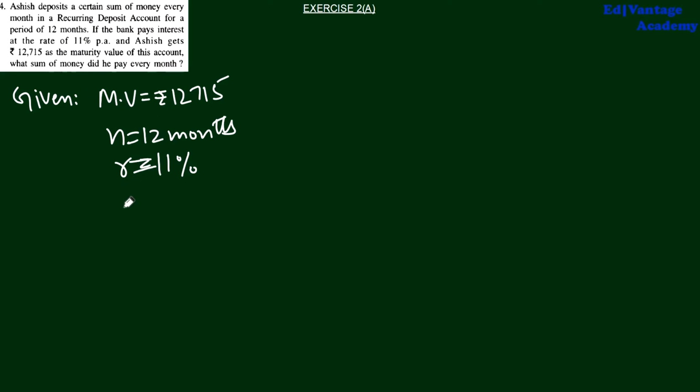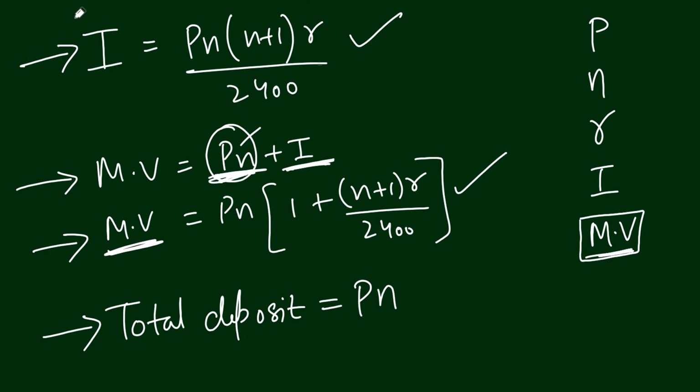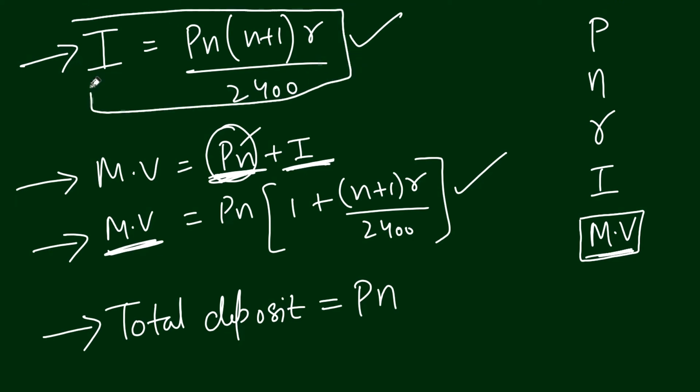We know the money which we pay every month is called principal. So now you have MV given, N given and R given, we have to find P. Let us go to the formula page and see which of the formulas we have to use. If you use this formula to find P, you need to know N, R and I. We know N and R, we don't know I. If you want to use this formula, to find P you need to know MV, N and I. Again, I we don't know.